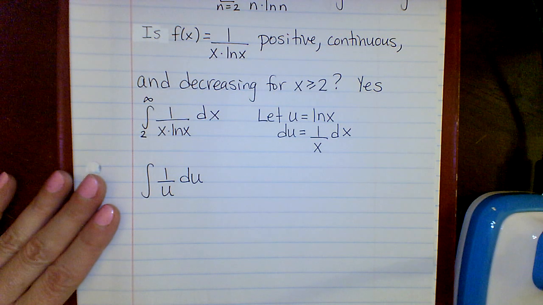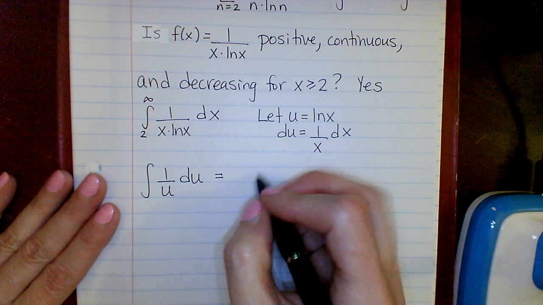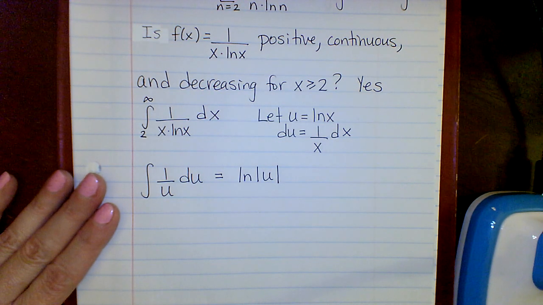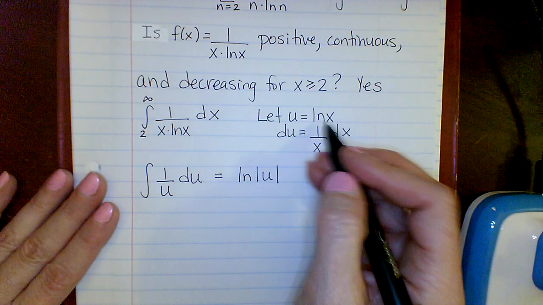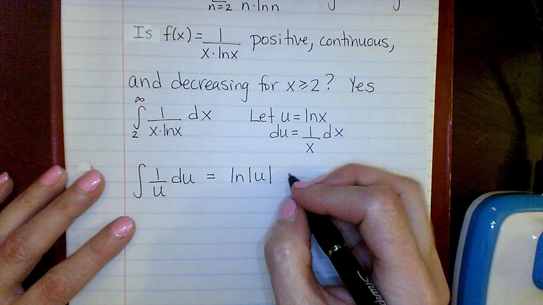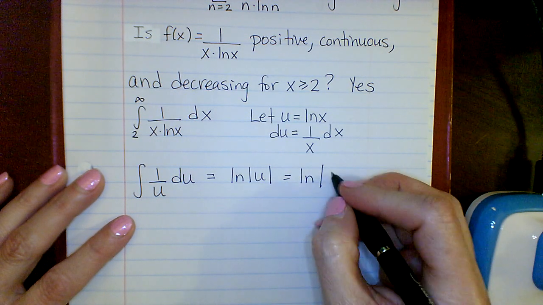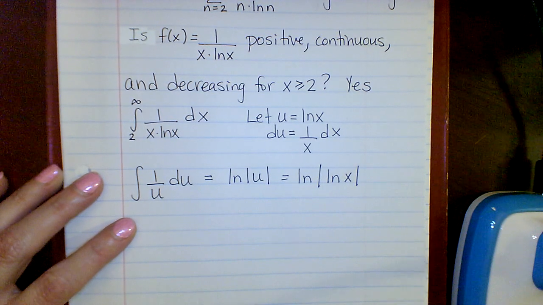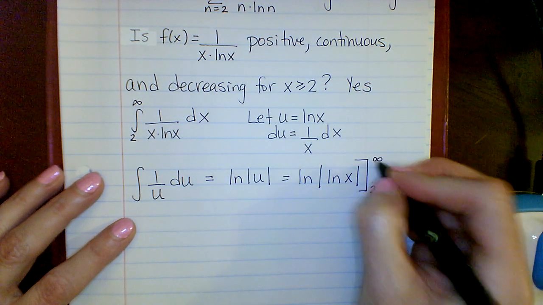Oh, this is going to be weird. Because look, when I integrate that, the integral of 1 over u is the natural log of the absolute value of u. But u itself was a natural log, so this is going to be weird. Yeah, I got the natural log of the absolute value of the natural log. Crazy, huh? And that's going to go from 2 to infinity.